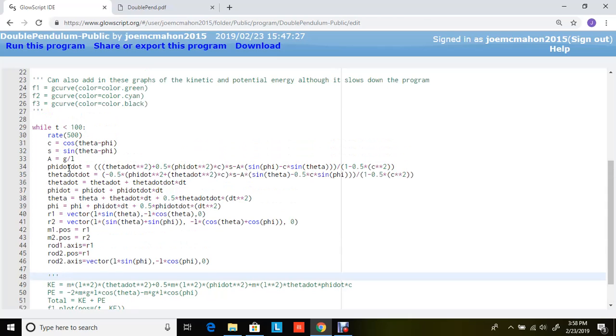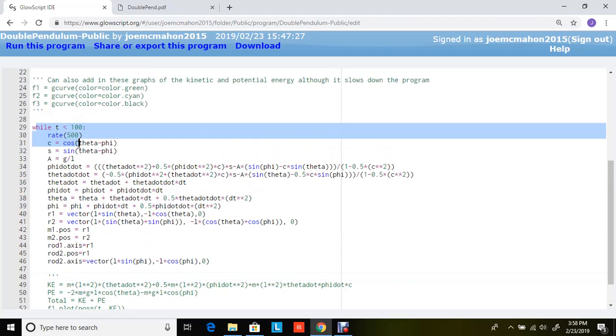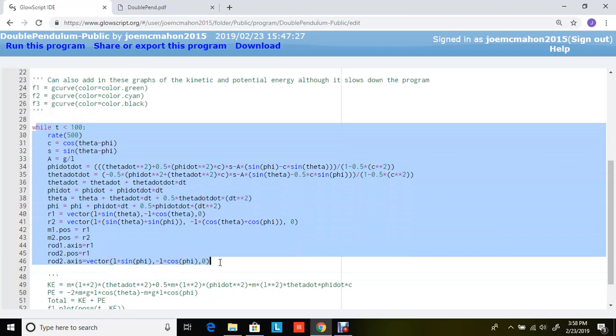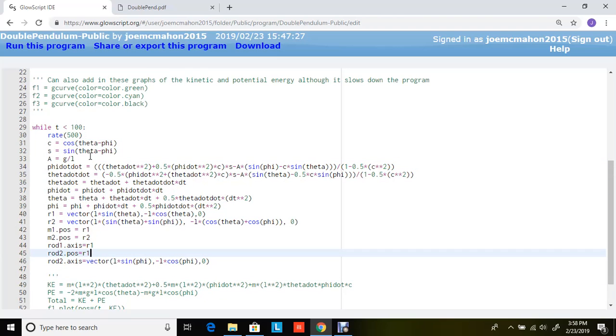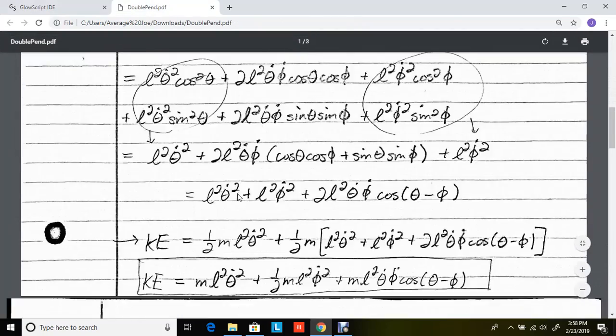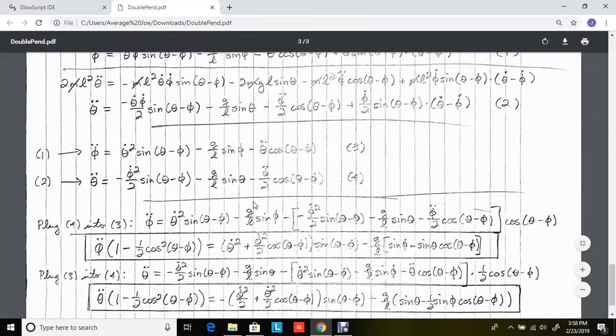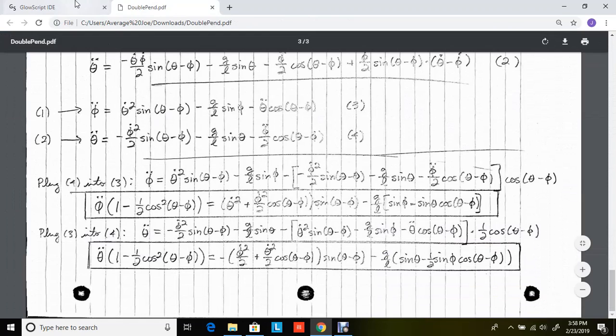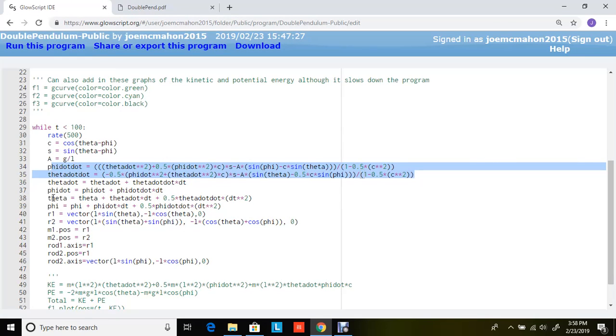So, and then here's our while loop, and all this while loop really does is it just updates everything every single time step. So here we calculate our values for our new accelerations based on the equations we found right here and here. And we use those accelerations to update our velocities.